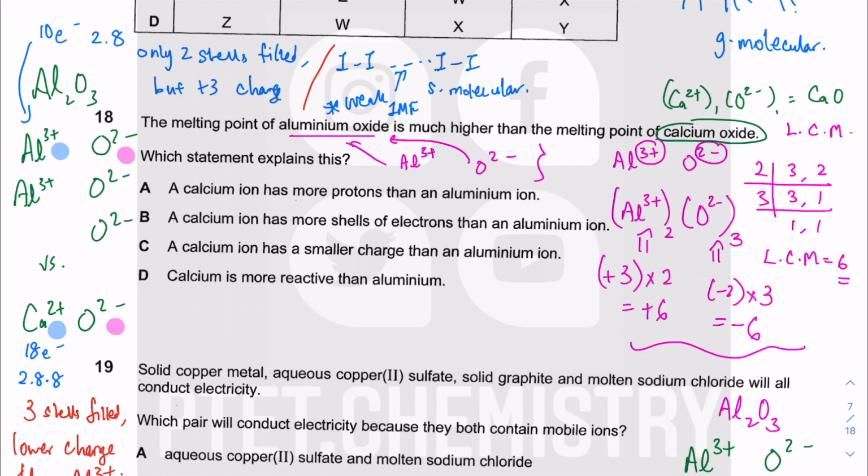So of course we are looking at what could explain why the ionic bond is stronger. The ionic bond is stronger because, well, one factor is to do with the number of shells being filled, and the other one is definitely to do with the +3 charge versus the +2 charge. A calcium ion has a smaller charge, which is Ca2+, and this one is Al3+. So that's the best reason there.